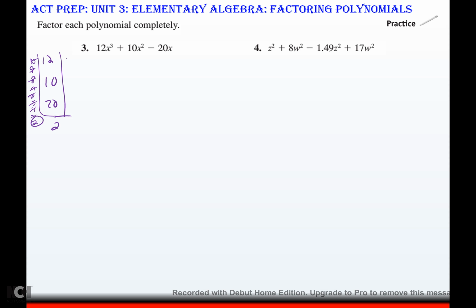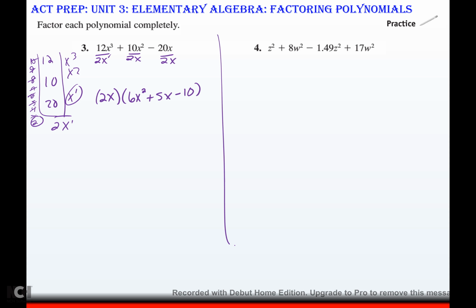My letters, I have an x cubed, an x squared, and an x to the first. Smallest one is first degree, so my GCF is 2x. Alright, so if I do my GCF, to get what's left, I divide by 2x. That gives me 6x squared plus 5x minus 10. Alright, and I'm done.